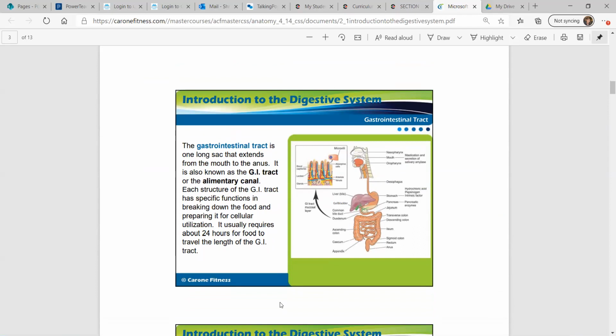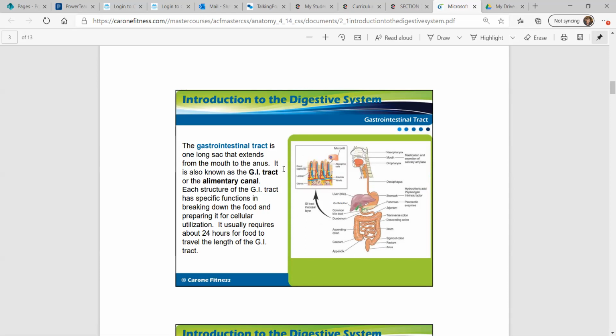Another word is the GI tract or the alimentary canal. Each structure of the GI tract has specific functions in breaking down the food and preparing it for cellular utilization. It usually requires about 24 hours for food to travel the length of the GI tract.